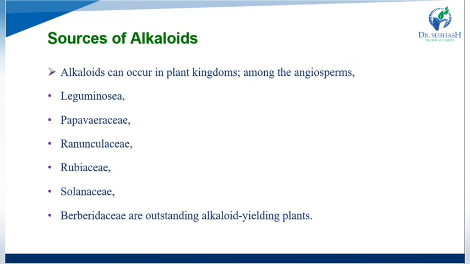Okay. Now we see the sources of the alkaloids. Mostly alkaloids occur in the plant kingdom, among the angiosperms. The families are Leguminosae, Papaveraceae, Ranunculaceae, Rubiaceae, Solanaceae and Barbadensis.